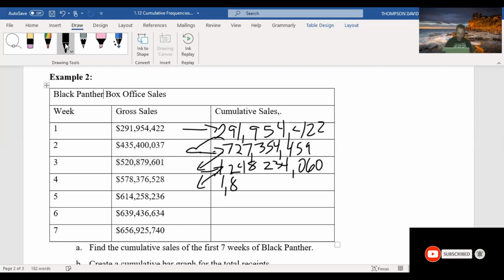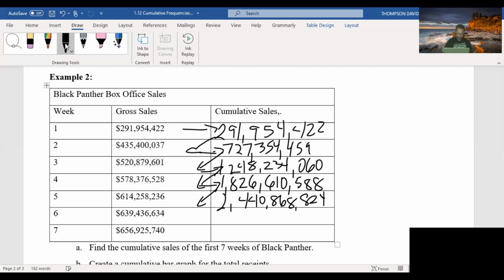That's 1,826,610,588. Then 2,440,868,824. Add the next line. So within 5 weeks, they broke $2 billion.